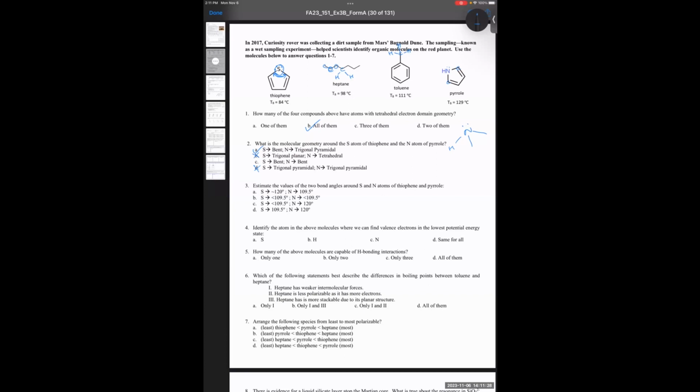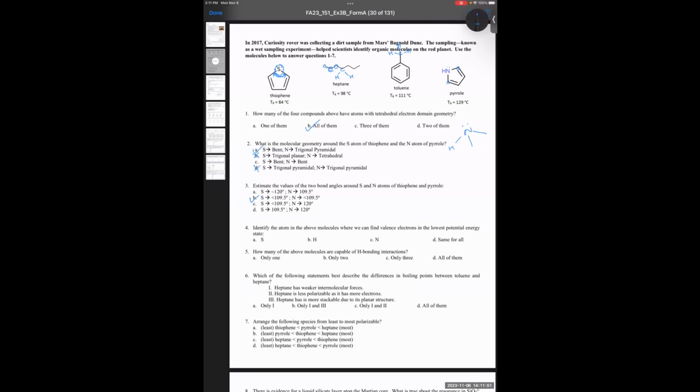And then when it comes to nitrogen, the same case, right? We have 4 electron domains around it, and therefore the basic bond angle is 109.5. Because the lone pair takes up more space, that bond angle will be pinched. Therefore, the bond angle should be less than 109.5 in both cases. The correct answer is option B.